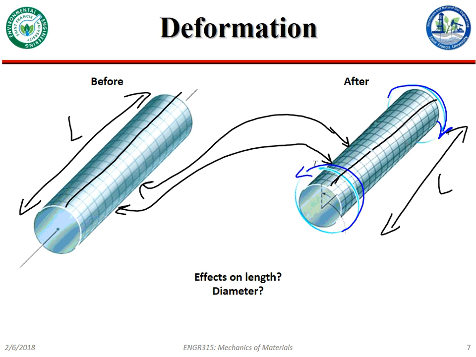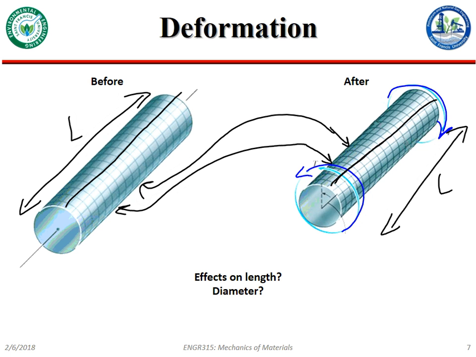We can ignore the effects on length for the same reason you said before: we're not exerting any stress in the longitudinal direction. Therefore we can expect the length not to change in any significant way due to a pure torque. And it's the same for effects on diameter too.